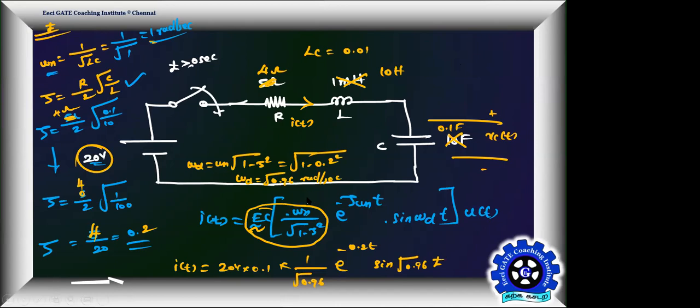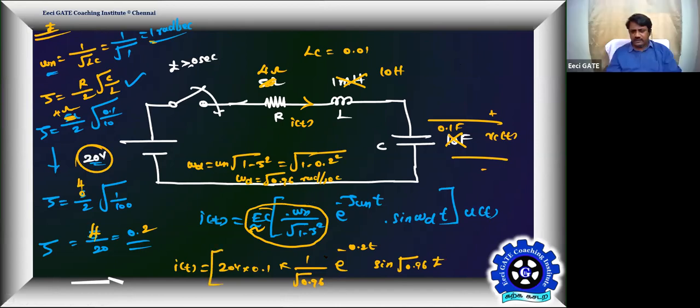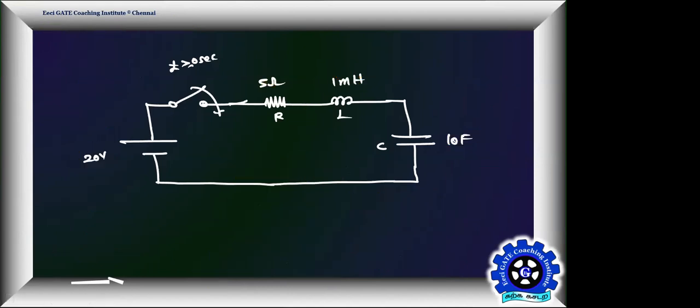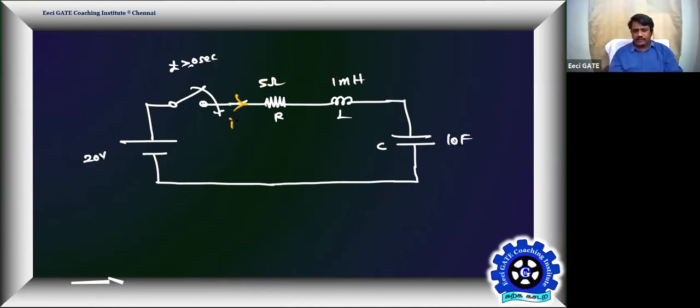So then I of t. Tell me what is this magnitude, please. That's your current magnitude. 20 into 0.1 is 2. 2 by root of 0.96, which is 2.041. So this is our I of t and this is our Vc of t.